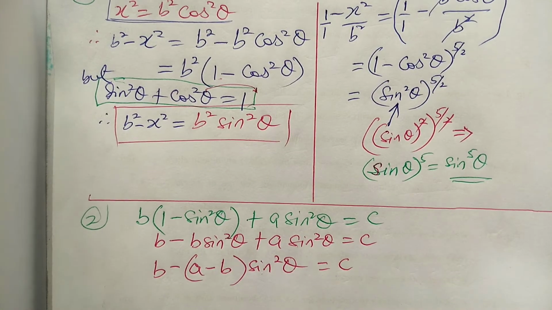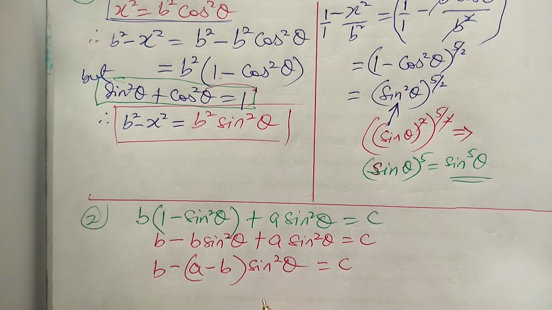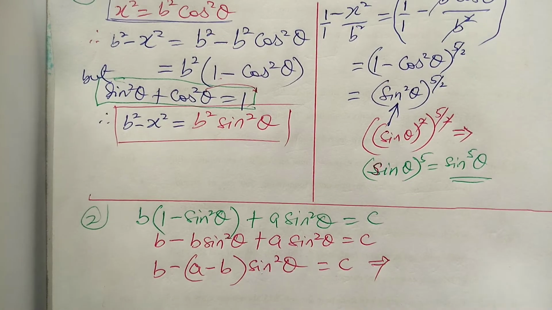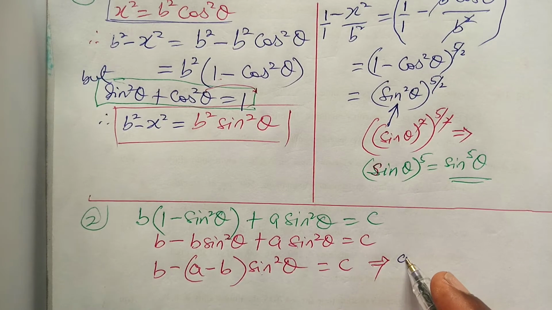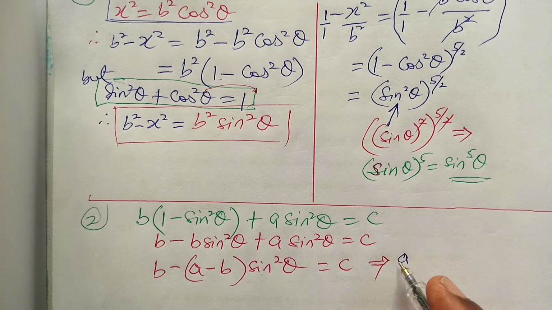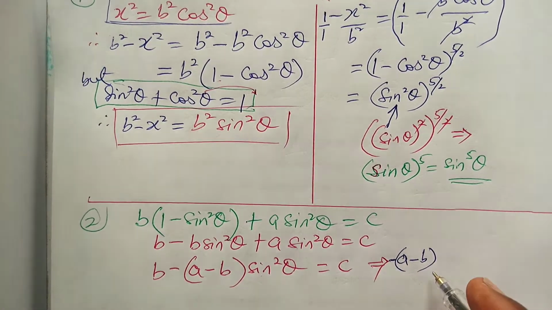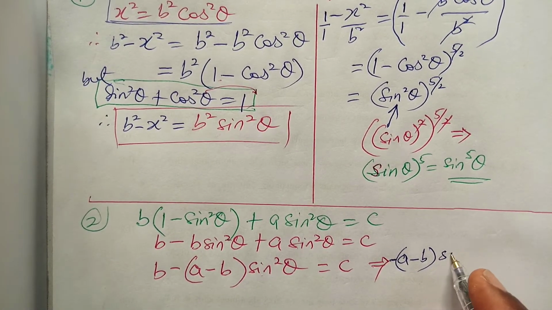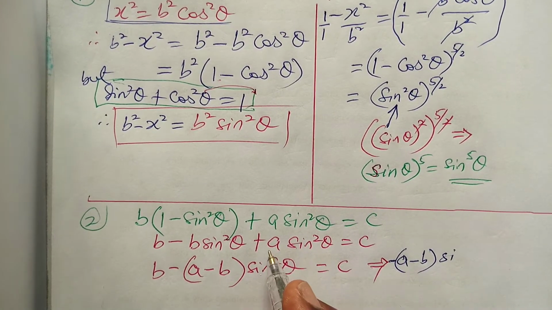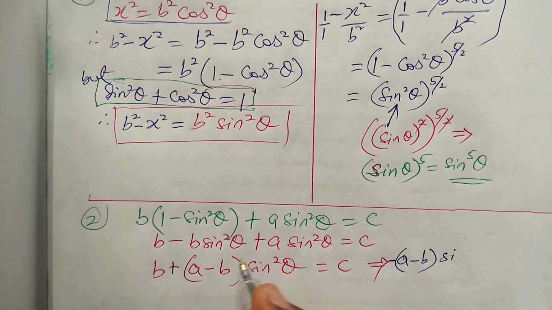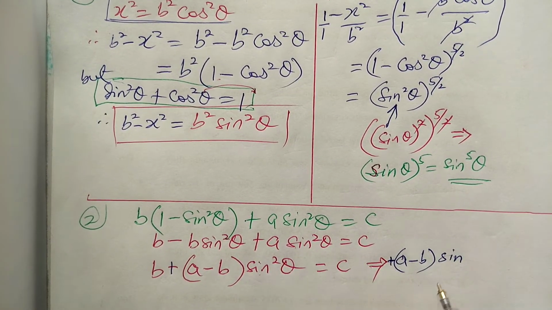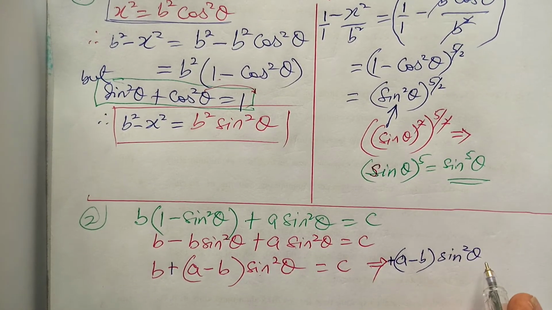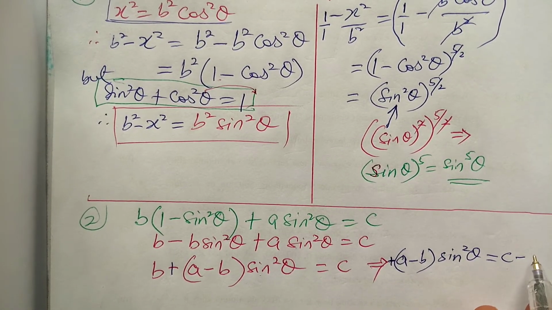It's equal to c. So from here it implies that a minus b times sin squared theta is equal to c minus b.